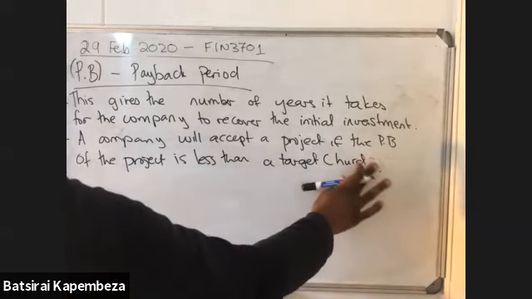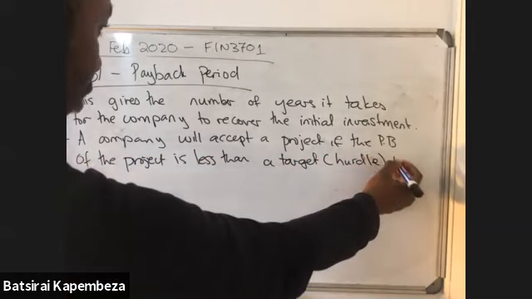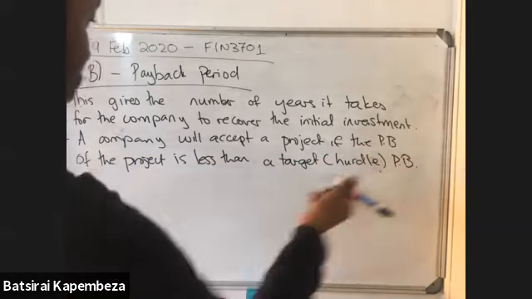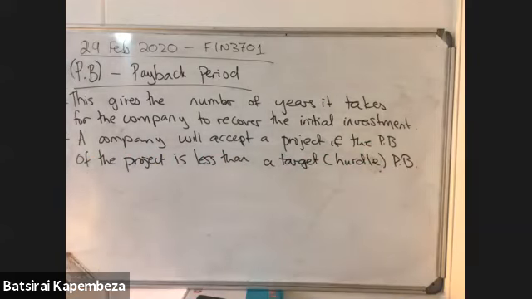Usually the company will have a hurdle payback. So the company will accept a project if the payback of the project is less than a target or a hurdle payback.